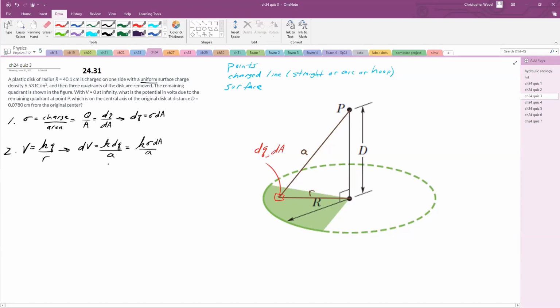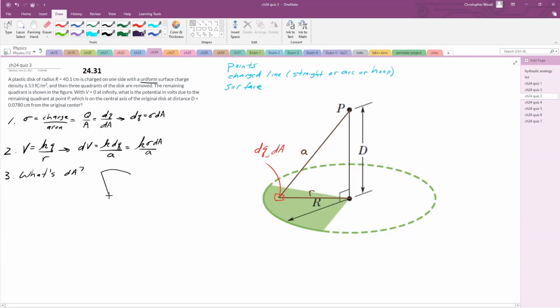All right, so now we have to wonder, what's dA? So I'm going to do the whole birth of a radian conversation. I've done this before. I'm going to draw dA from a top-down perspective.